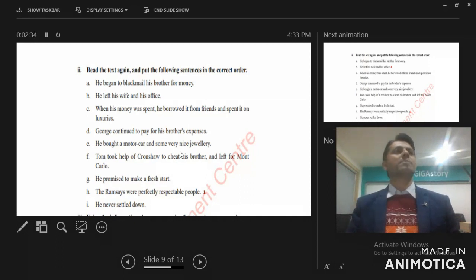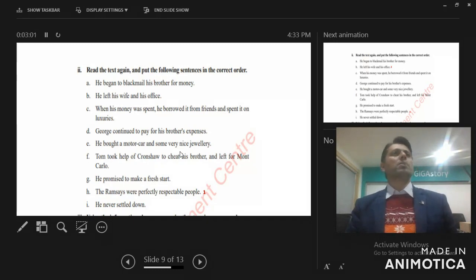Here, all the Ramseys, Tom Ramsey, George Ramsey, even the Ramsey family, were all perfectly respectable. So it appeared first, number one.